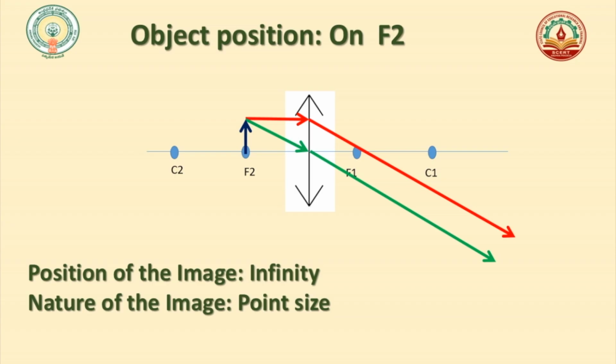If you extend these two rays, we shall assume that they will meet at infinity. So if the object position is on F2, the position of the image will be at infinite distance and the nature of the image will be point size.